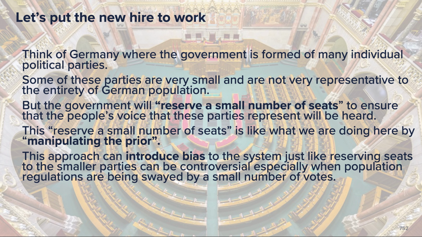This process of reserving a small number of seats is like what we're doing here by manipulating prior. This approach can introduce bias to the system, just like reserving seats for smaller parties can be controversial, especially when the population is being swayed by a small number of votes. So, in other words, manipulating prior introduces bias.